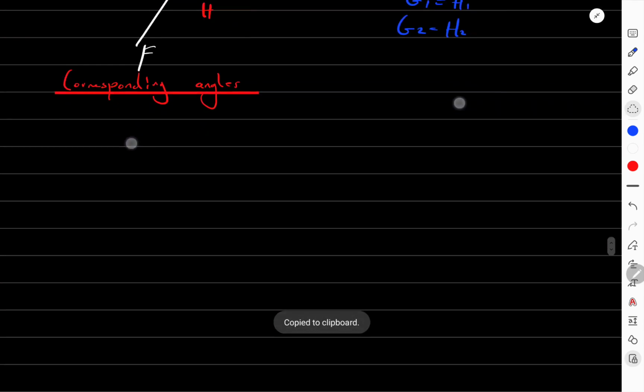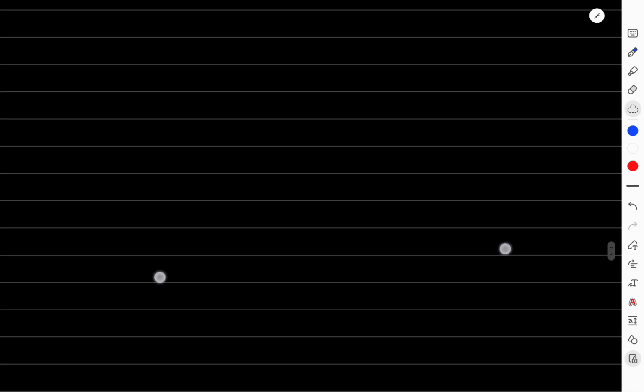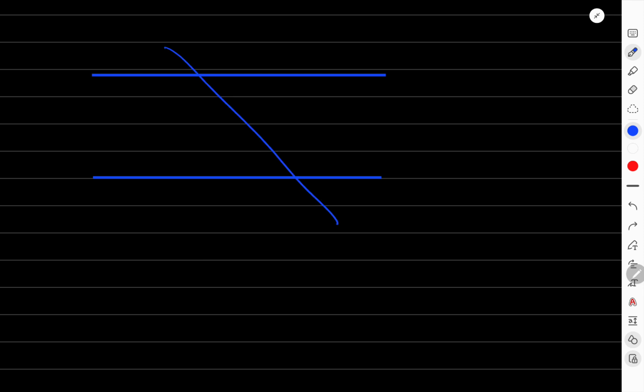Now let us go to the calculations. We are also going to calculate the unknown angle. Let me draw my diagram here, a diagram which is like this.